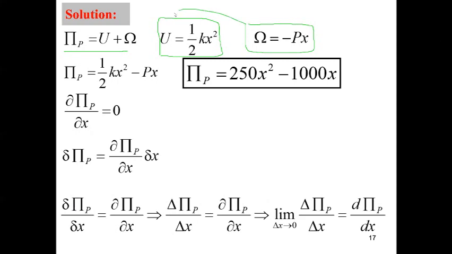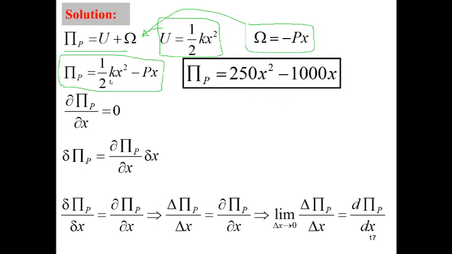If we substitute these two equations into the Πp equation, we get Πp equals 1/2 times k times x squared minus P times x.